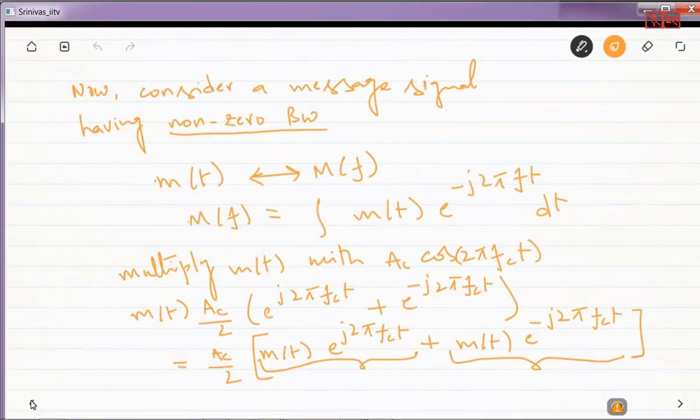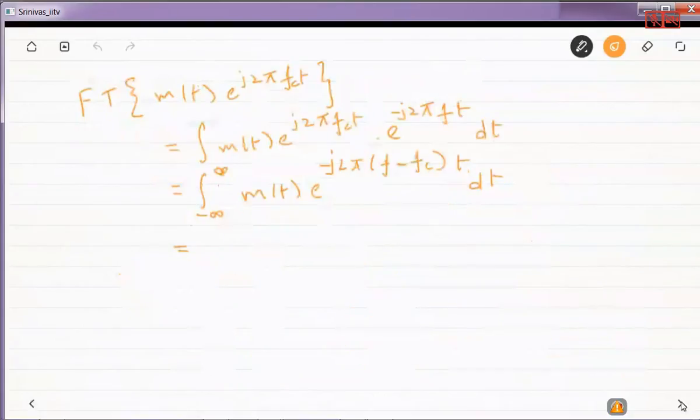Now, in our expression, in place of f we have f minus fc. So simply, this is nothing but M of f minus fc. That means the Fourier transform is shifted by an amount fc.